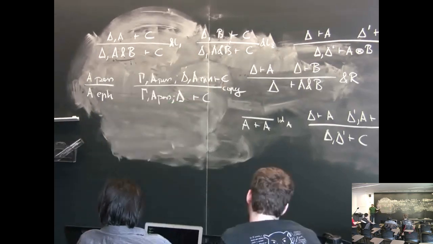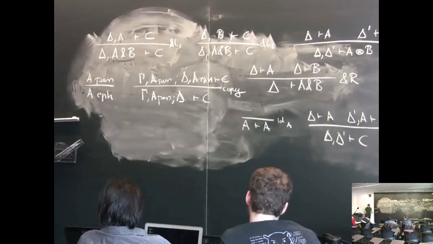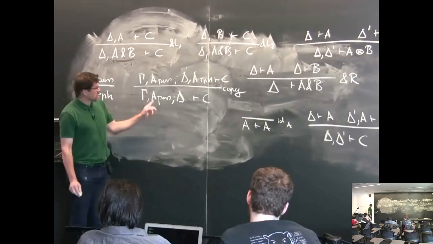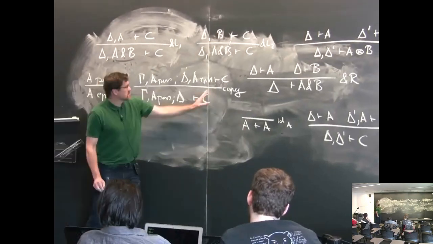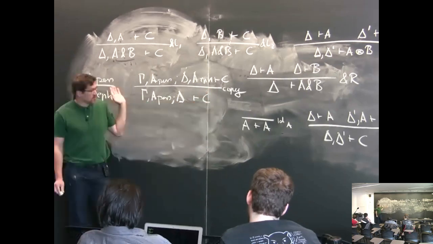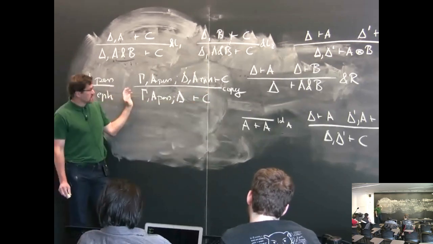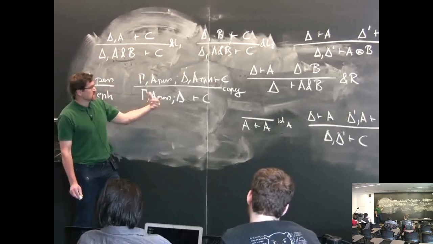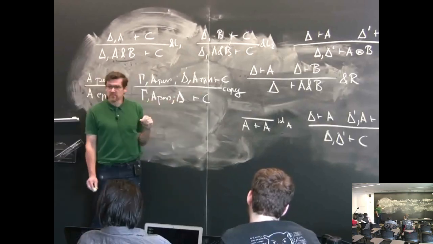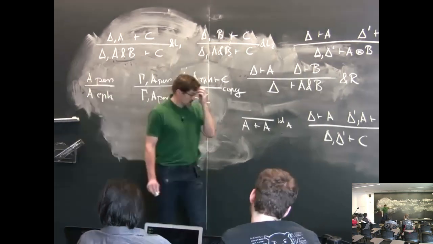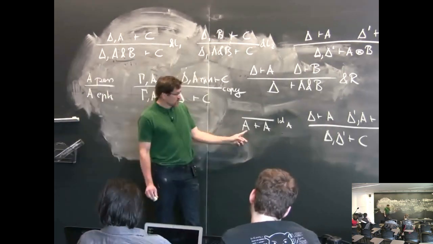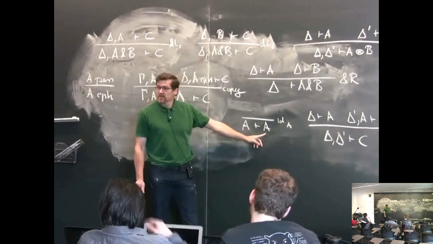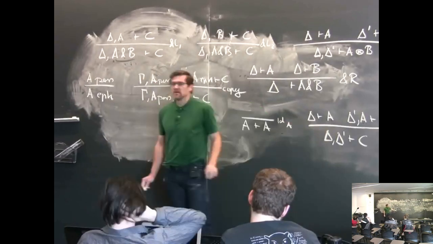This rule does not depend on any particular type of proposition, because it works for arbitrary A and C and gamma and delta. Sometimes these rules are called rules at the level of judgments, because the judgment of A being persistent is related to the judgment of A being ephemeral. And these rules talk about an ephemeral resource and an ephemeral goal. They don't depend on what the propositions actually are.